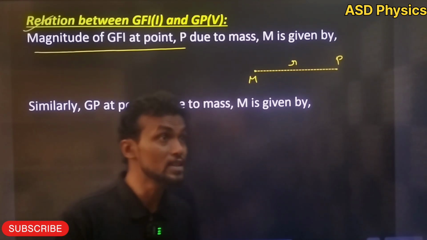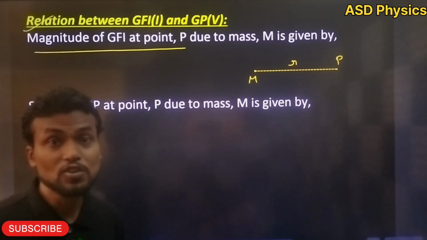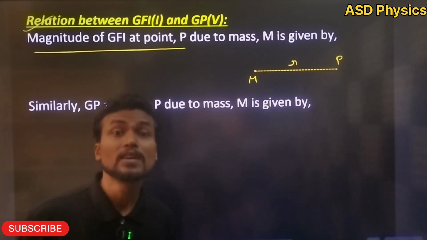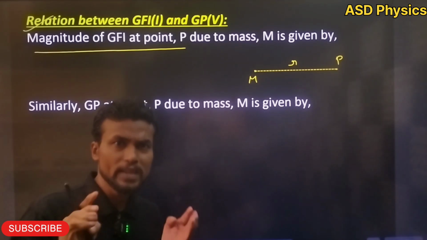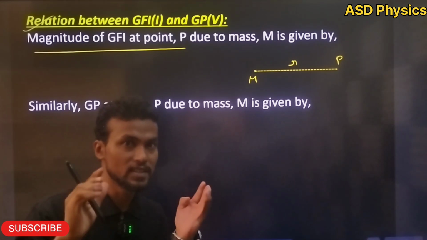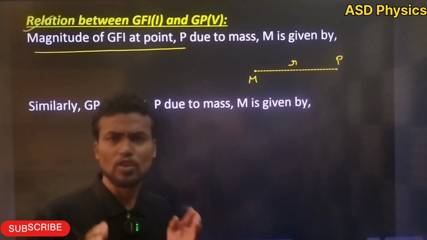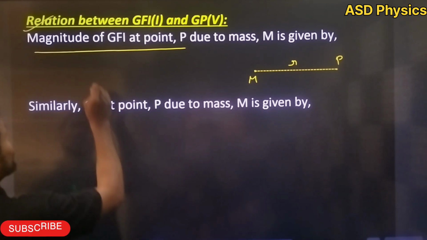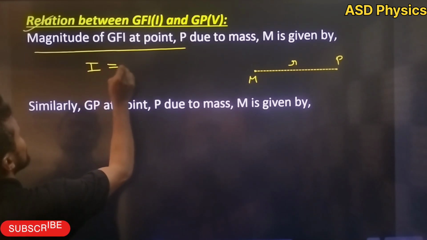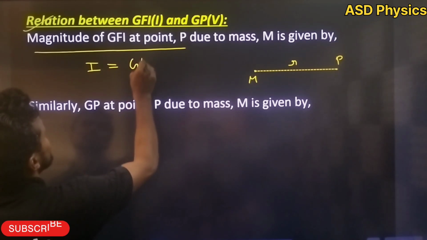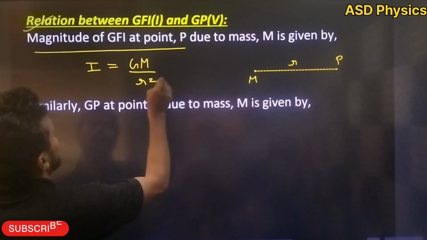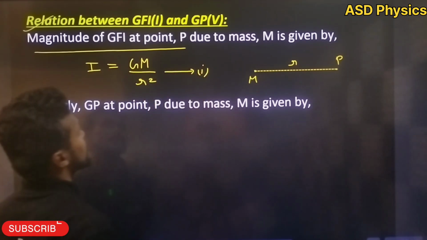Because I have to compare this GFI as a vector quantity to the GP as a scalar quantity. So to make this comparison possible in a proper way, we are writing the magnitude of GFI, not in vector form. So the magnitude of the GFI, I, equals GM by r square. Make it equation 1.